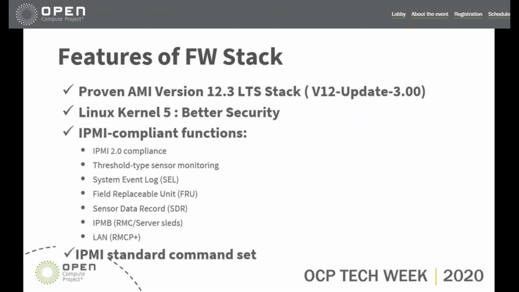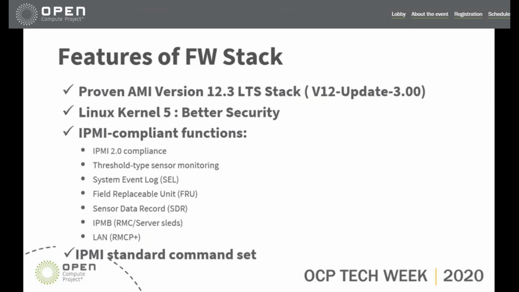Currently, we have allocated approximately 256K for this purpose. In addition to this, we support FRU, SDR, etc. The IPMB is mostly used for in-band communication between the SLED BMC and the RMC.